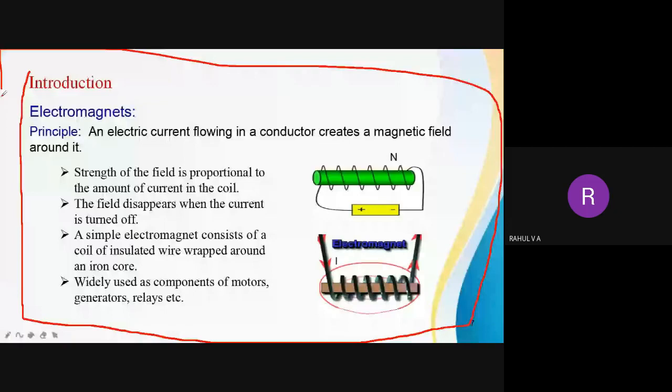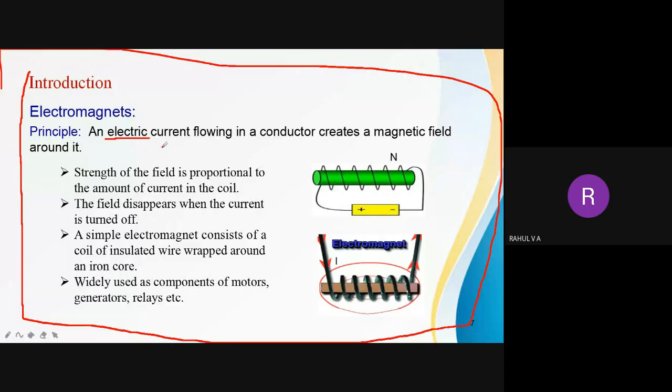So what is an electromagnet? An electromagnet has an insulator material or a core, on which windings are laid down. When we give supply to it, flux is created and a magnetic field forms.